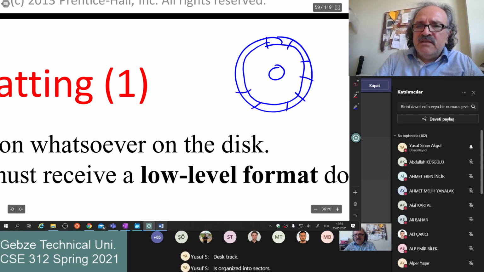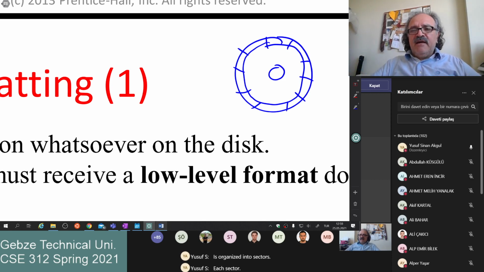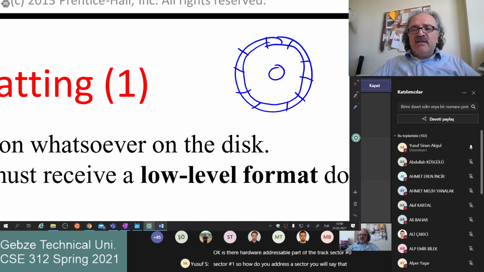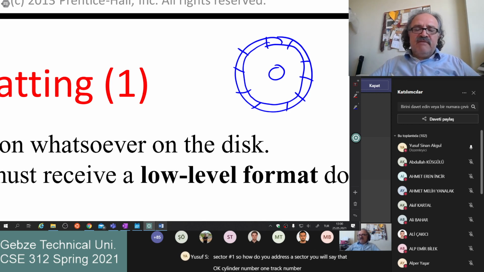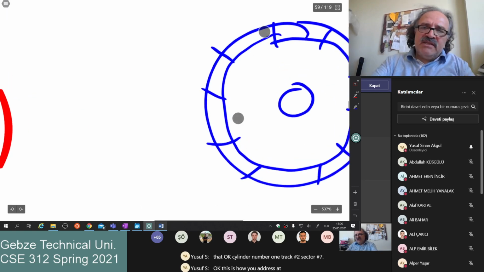Each sector is a hardware addressable part of the track. Sector number 0, sector number 1. So how do you address a sector? You say cylinder number 1, track number 2, sector number 7. This is how you address a sector. So each one is a sector.